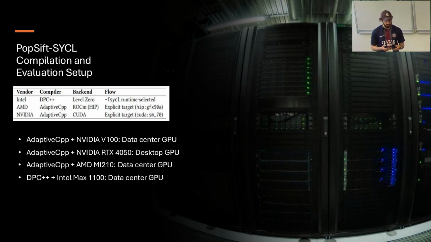The only ones I could do were AdaptiveCpp on an NVIDIA V100, and on my local machine, AdaptiveCpp on an NVIDIA RTX 4050, and another one on an AMD GPU. I had some problems trying to benchmark on DPC++, and I could only manage it on a single Intel GPU on the cluster.